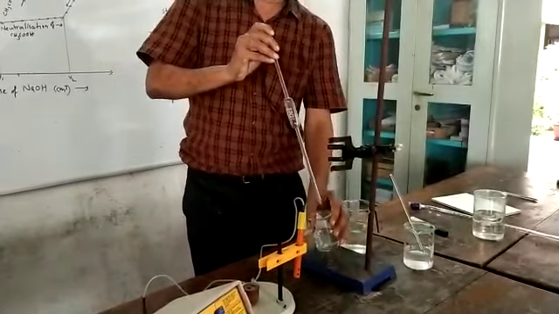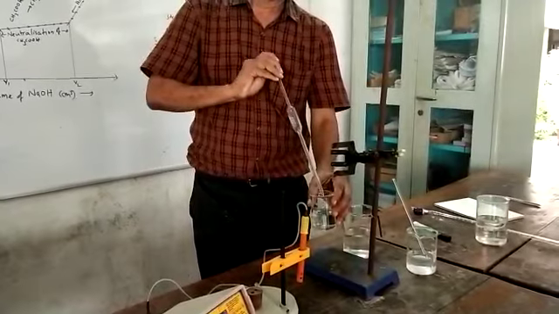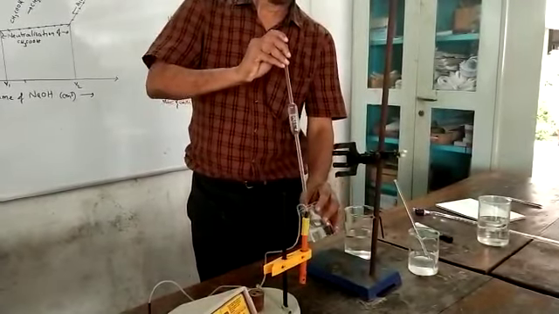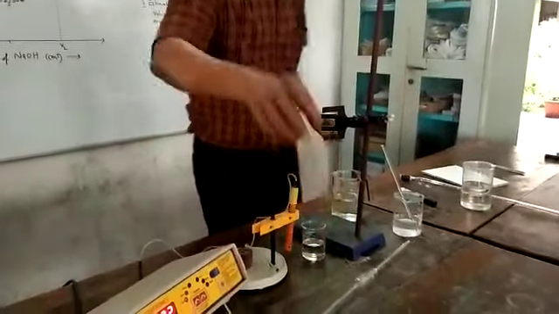In the burette, you have to take NaOH solution. Yes, you have taken 50 ml of acid mixture into the beaker.